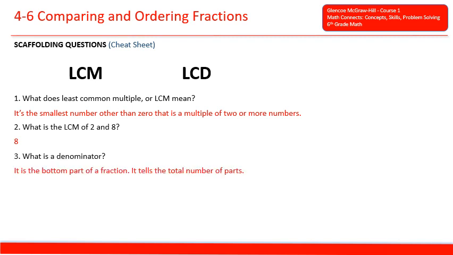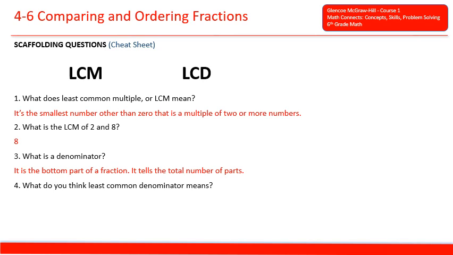What is a denominator? It is the bottom part of a fraction, and it tells the total number of parts. So it's actually the whole. So that's why it says the total number of parts. And what do you think least common denominator means? So we know what least common multiple means. We know what the denominator is.